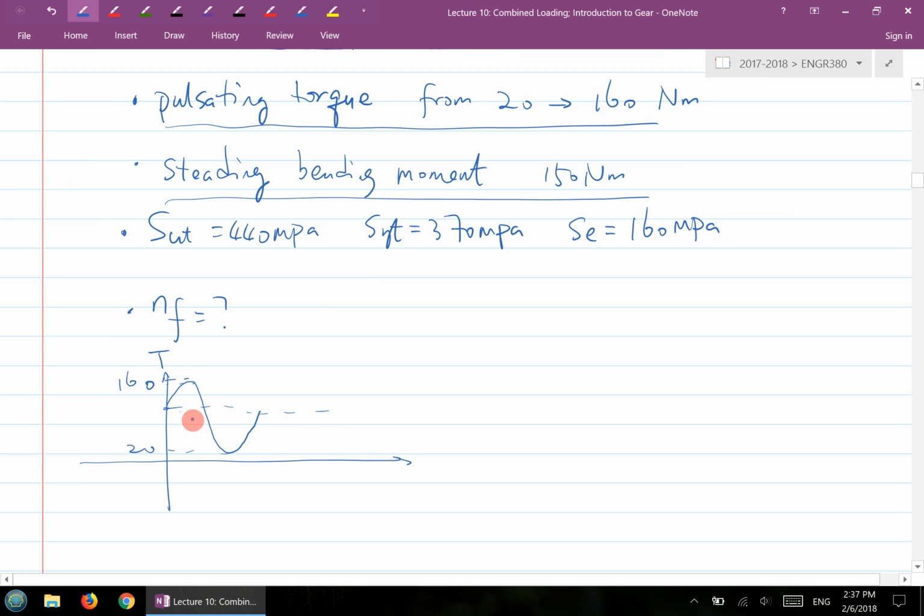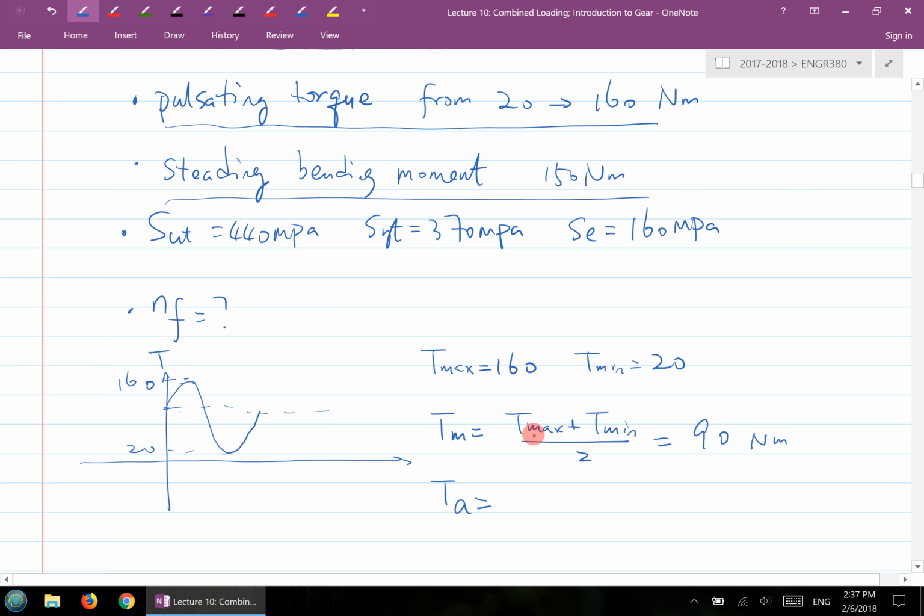So this is a fluctuating type of loading for the T. Your T max is 160 and T min is 20. I can calculate the mean value Tm, which is T max plus T min over 2, so 180 over 2 gives us 90 newton meter.